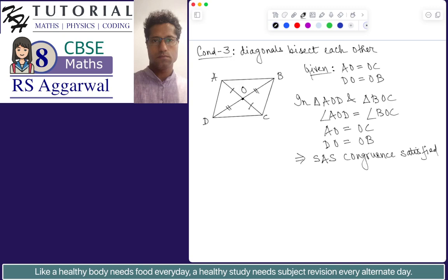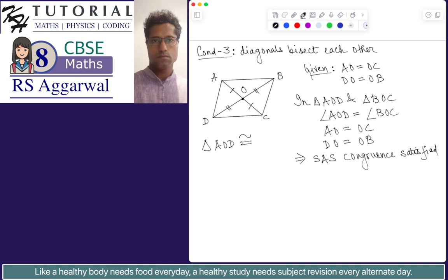So let's name what will be the congruence relationship. Triangle AOD will be congruent to, let's quickly establish the correspondence of the vertices.